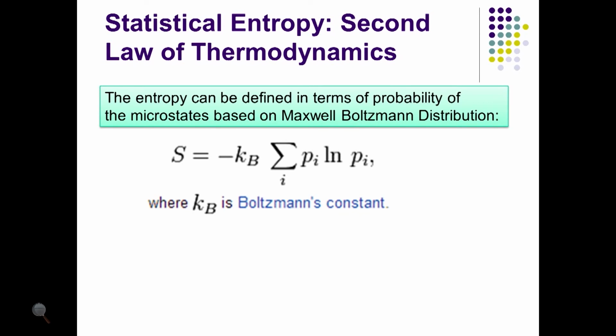If you take the logarithm of all the probabilities of these microstates, p_i ln p_i, and sum them up with the Boltzmann constant, that gives you the entropy of the system, which is a statement in statistical mechanics of the second law of thermodynamics.